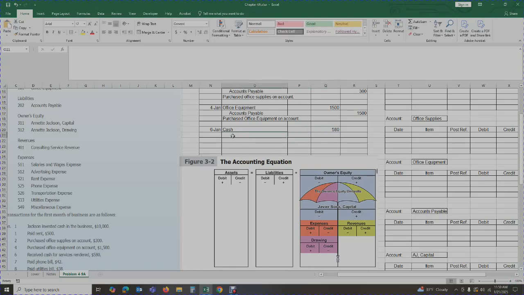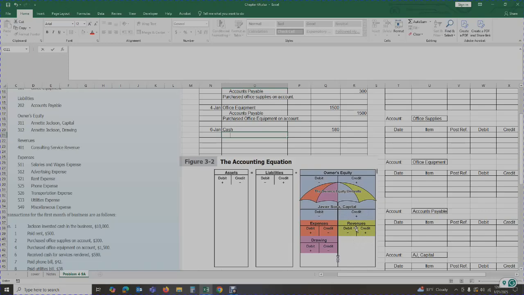Now, you received this cash because you provided a service. You did a job, and now you're getting paid for that job. When we provide a service, which category would be affected? If you provide a service, it will always go under your revenues. That is what you generate out of providing the services that you do.